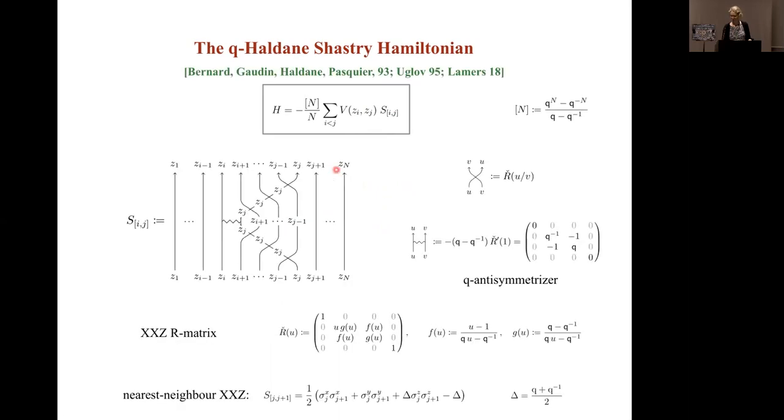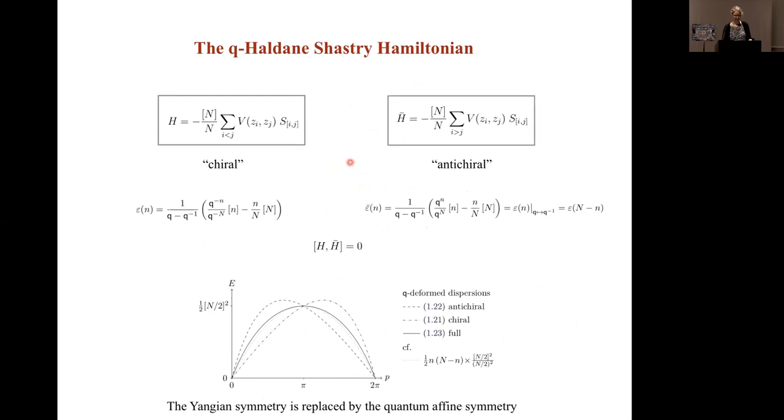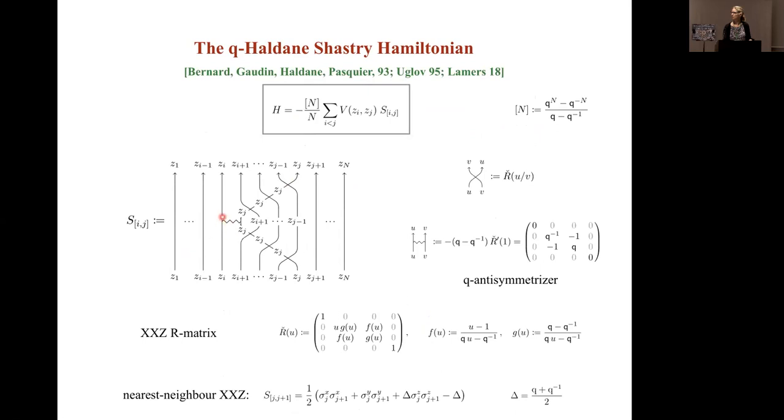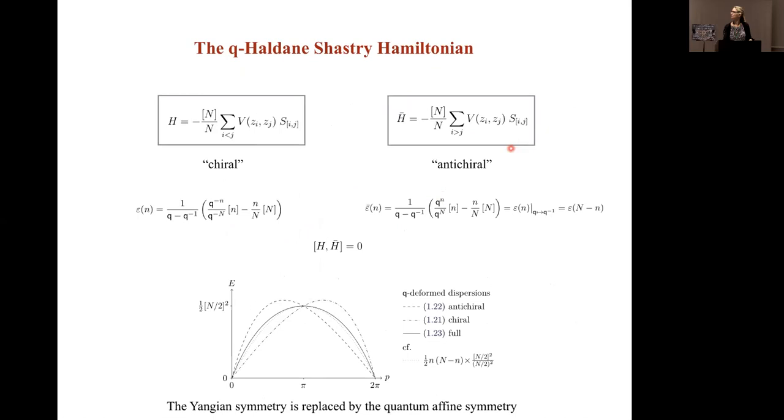As for the spectrum, there are two different Hamiltonians which are slightly different, where one is when you are considering these S_ij operators with i less than j, and then you can do the same thing on the other side, and that will be this anti-chiral version of the interaction with i greater than j.